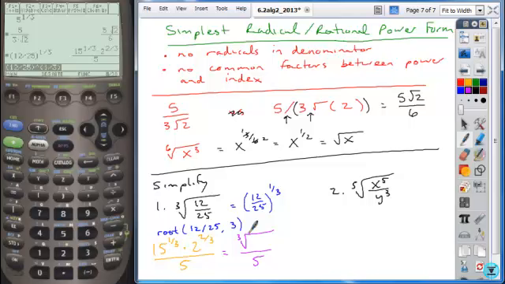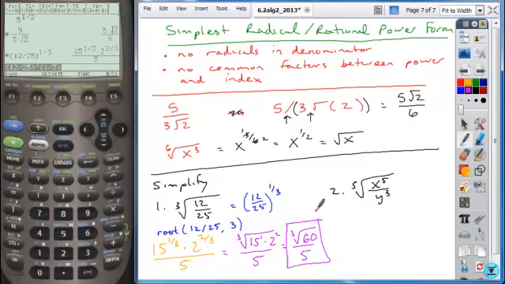Whatever the index is, it's the denominator of your rational power, so it works the other way around. So the 3 is our index. And then we look to see what's left after we account for that index of 3. We have 15 to the power of 1 times 2 to the power of 2. So really we're looking at 15 times 2 squared, and we can simplify that. 15 to the first is just 15. 2 squared is 4. 4 times 15 is 60.